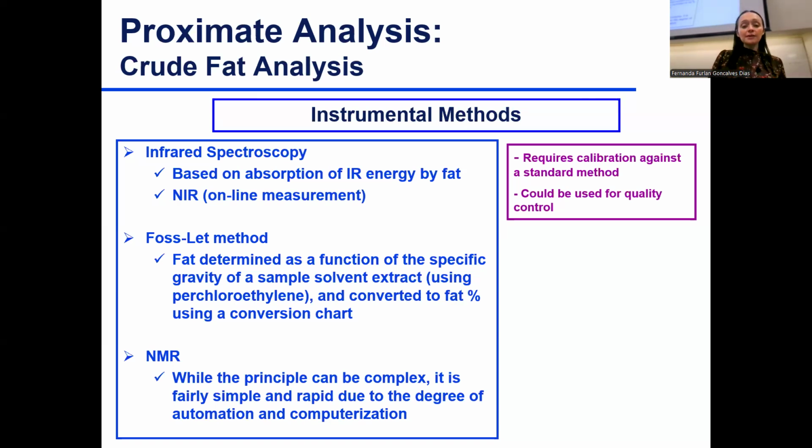The Foss method is a function of the specific gravity of a sample and a solvent. Then you can convert directly to fat percent using a chart, and you have to use a specific solvent. And also nuclear magnetic resonance. The principle of this machine is very complex, but the method itself is simple and rapid and also allows a degree of automatization and computerization.